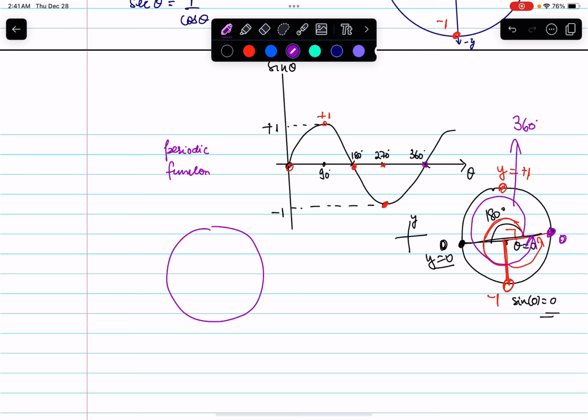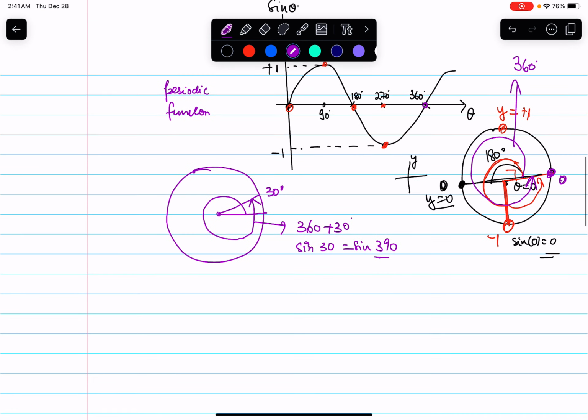Okay? So if you get this thing over here, and let's say this is 30 degrees, and then let's say I take another revolution and come back, and the total angle I've traveled is 360 plus 30 degrees, then you would see that sine of 30 degrees is equal to sine of 390 degrees.